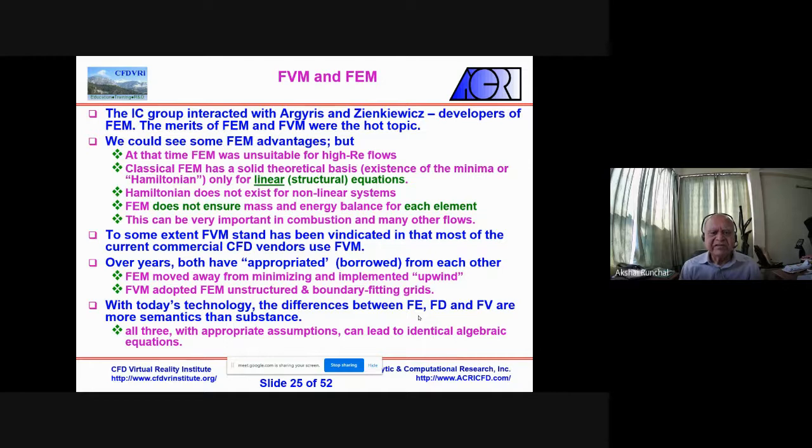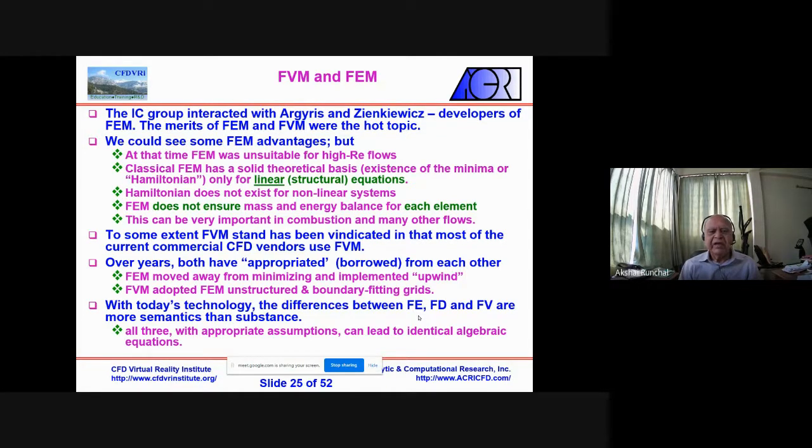Finite element had some advantages because for structures it had been very successful, but we realized that it was unsuitable for high Reynolds number flows in that form, as it was in those days in the 60s and 70s.